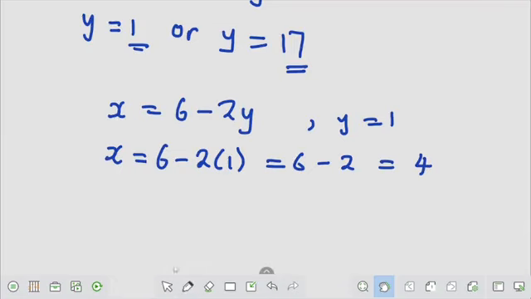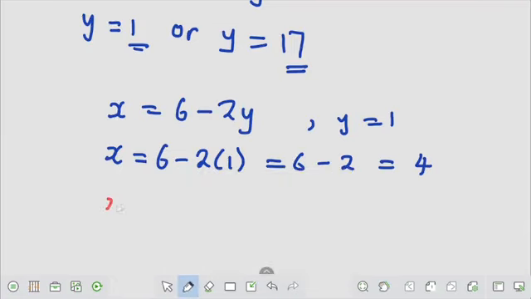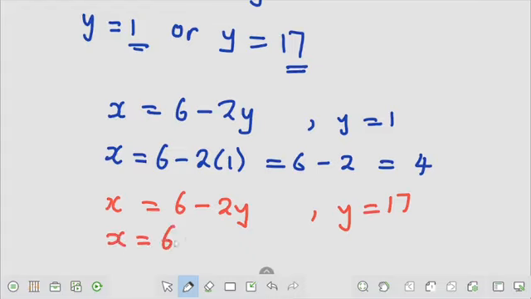Again, we are going to pick the same equation, x equal to 6 minus 2y, when y is equal to 17. This means that where there is y, we substitute 17. So x is equal to 6 minus 2, open bracket, 17.